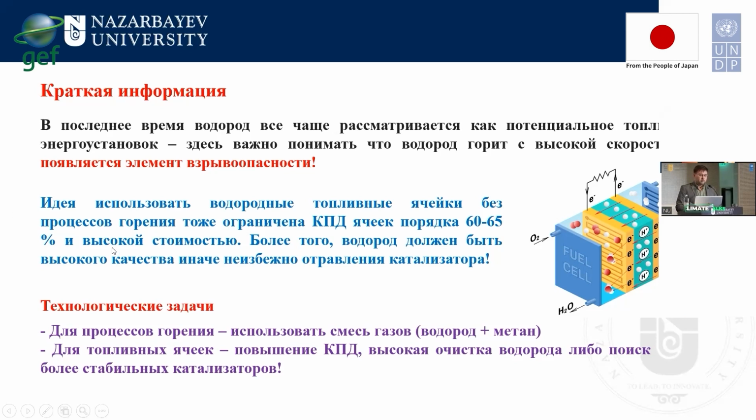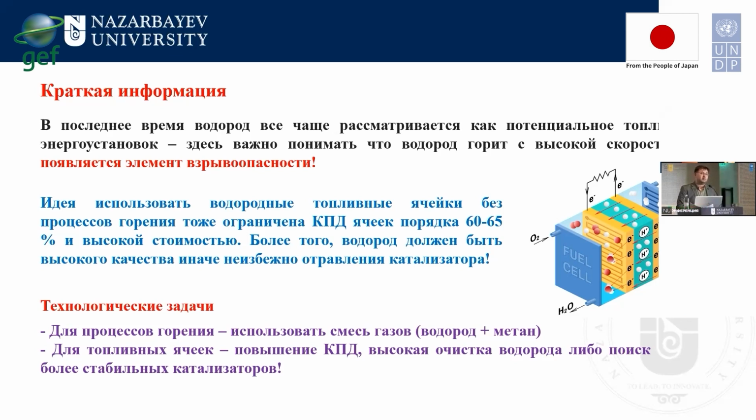Moreover, these hydrogen fuel cells have a high cost, because one of the catalysts used there is platinum. So you can assume that you create a fuel cell, but you need a lot of platinum for that. The second important element we have to take into account is that when we use hydrogen fuel cells, you need high quality hydrogen, like 99.9999%. Otherwise, the catalyst will be poisoned.